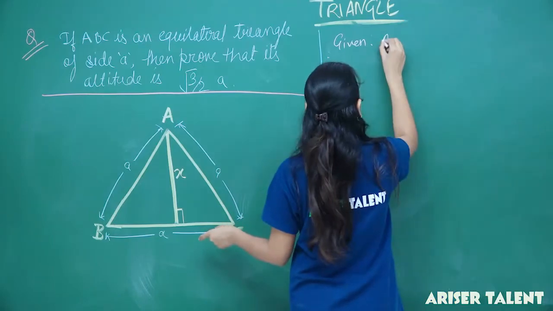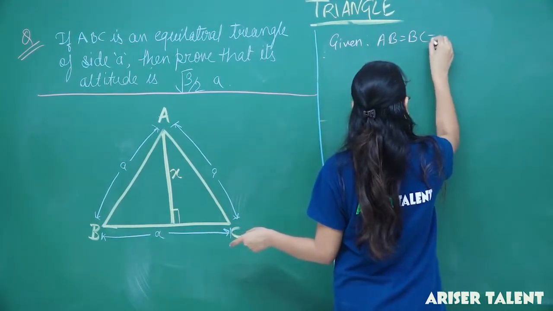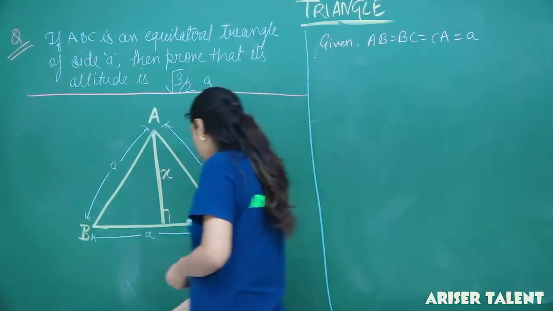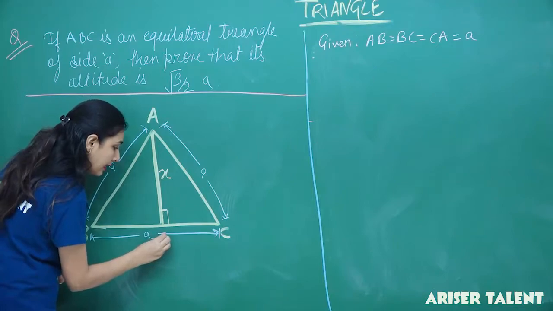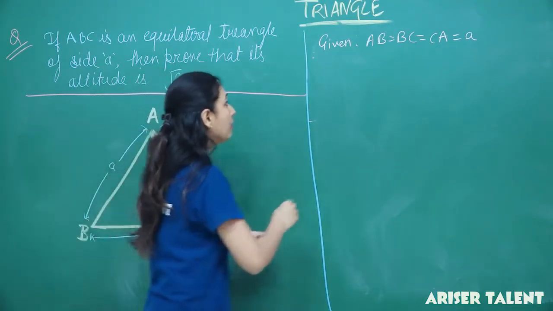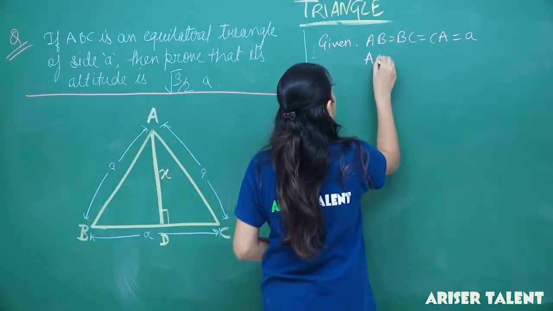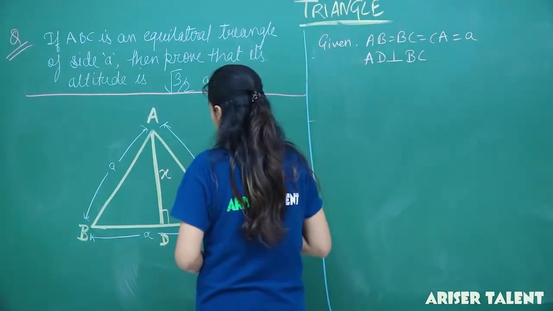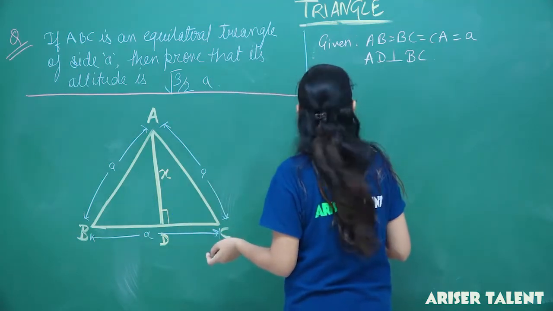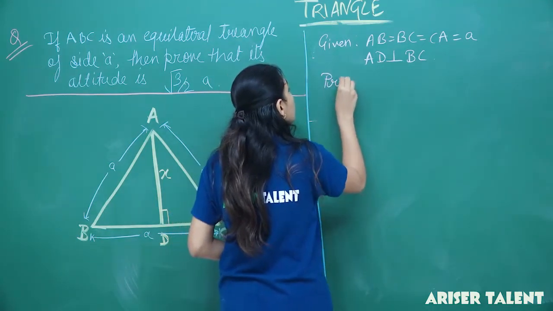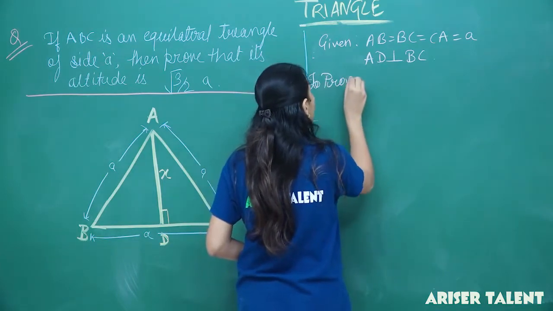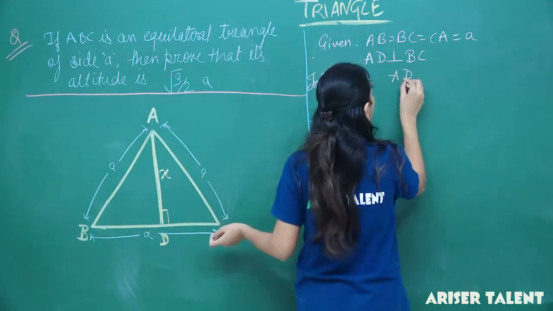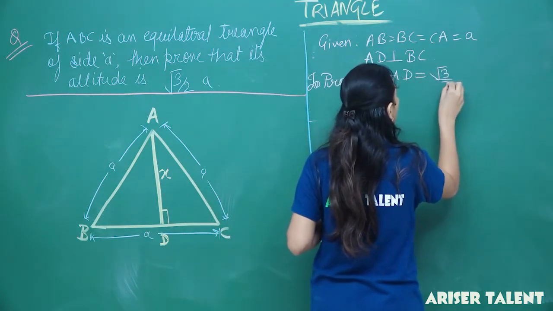The information is AB equals BC equals CA, right, students, equals A, and we are given the altitude. Let's call it D. So we are given that AD is perpendicular to BC. Now we have to prove that AD equals root 3 by 2 A.